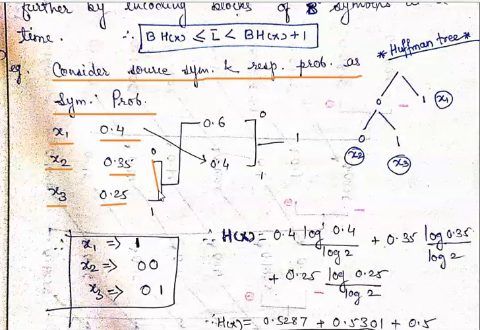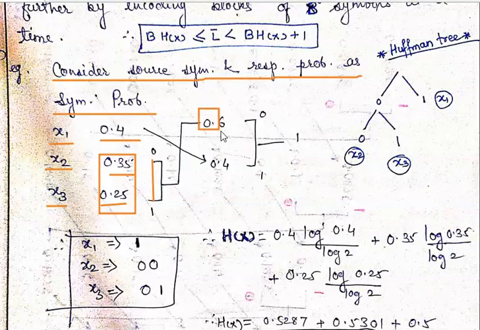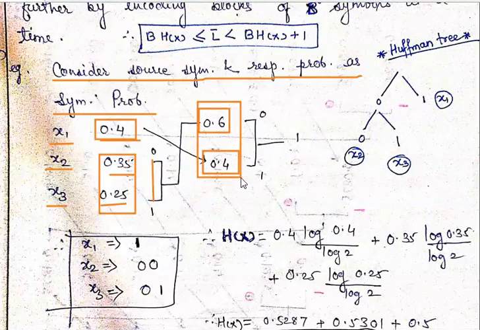When I combine these two, 0.35 and 0.25, the result is 0.6. Since it is more than the value 0.4, I need to shift it to this particular location, and 0.4 will be shifted down in the next stage. After that, when you combine 0.6 with 0.4, it will give the combined result as 1. So it means that we got the verification of the data, which is correct.